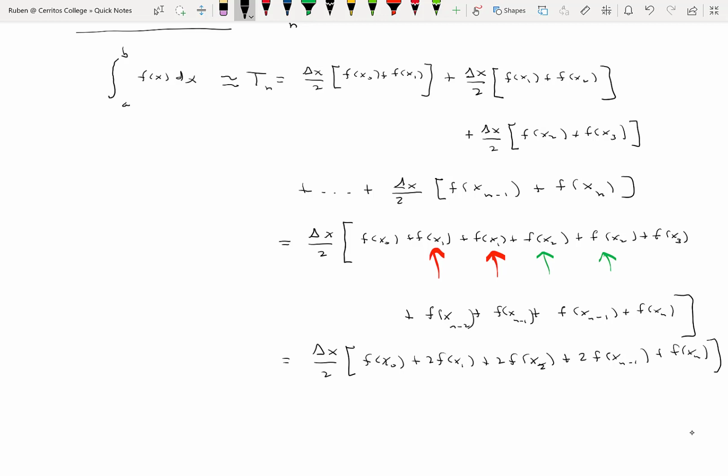So this looks very simple actually. In the parentheses, we have f of x0, f of x1, f of x2, f of x3. The first and the last, f of x0 and f of xn, have a coefficient of 1. The rest of them have a coefficient of 2. And unlike the previous methods, the left, right, and midpoint rules, we multiply not by delta x, but by delta x over 2.